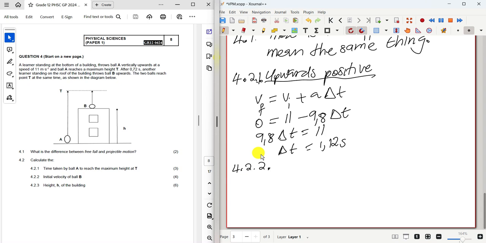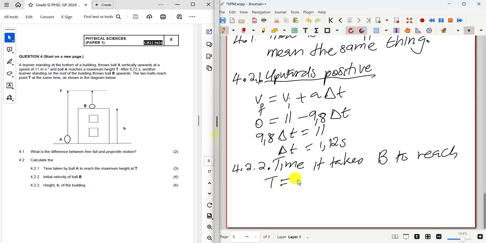4.2.2, initial velocity of ball B. Before we get that, we can use final velocity, because we know it's the maximum height. But we need to know the time it takes ball B to reach maximum height T. What is it?